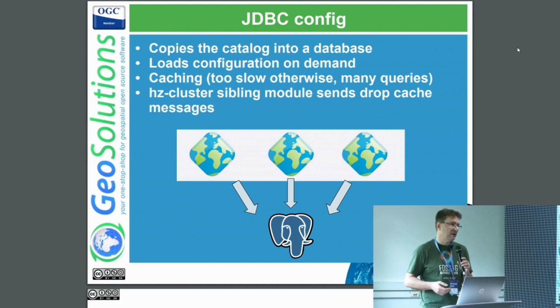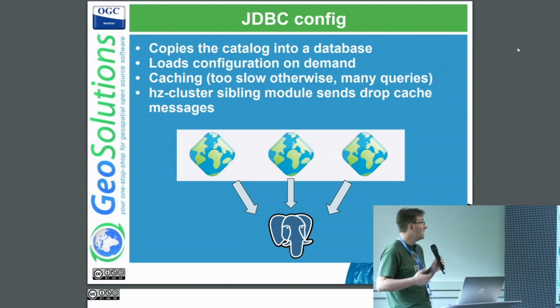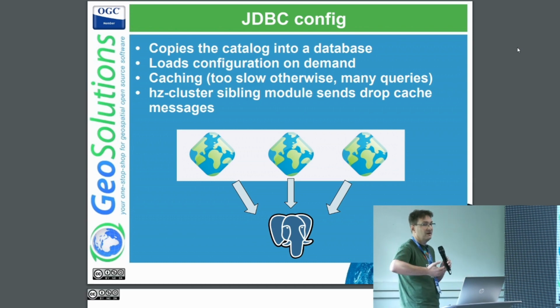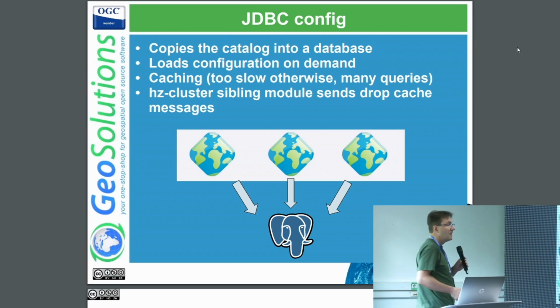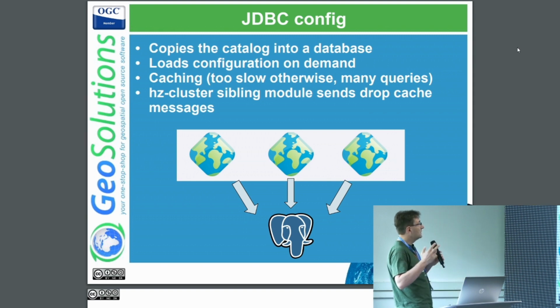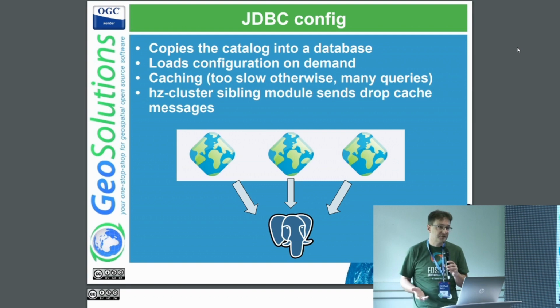All the queries done to the configuration database were actually slower than the map building and so on. Eventually, they added caching, and then you have to add another plugin called HZ cluster that basically spreads around messages that, hey, this layer changed, please drop your caches, because otherwise you have stale information.